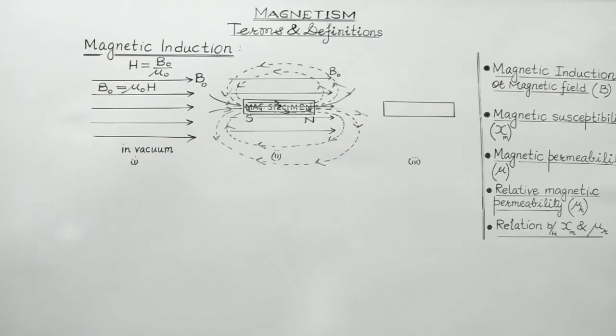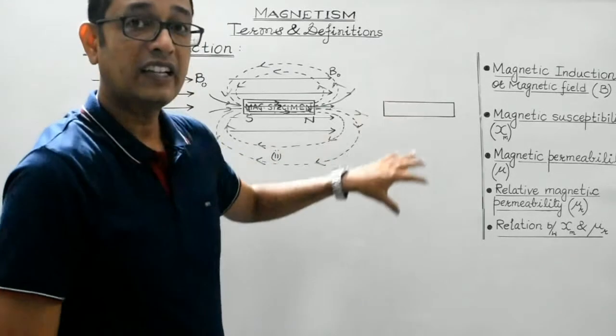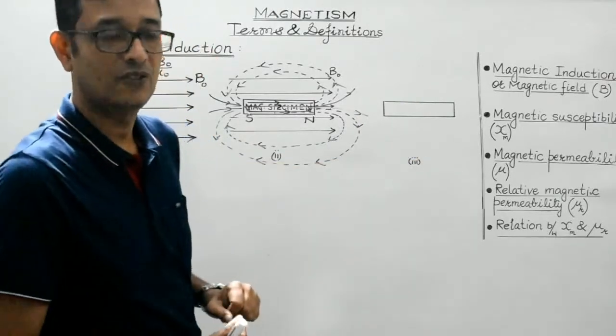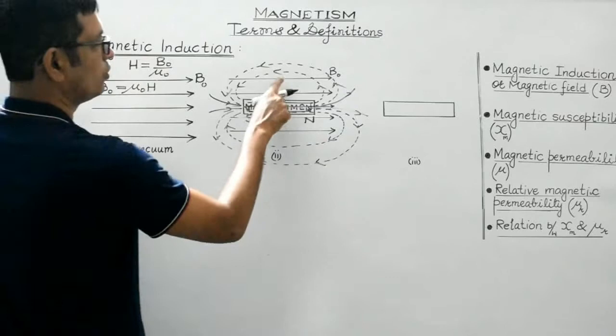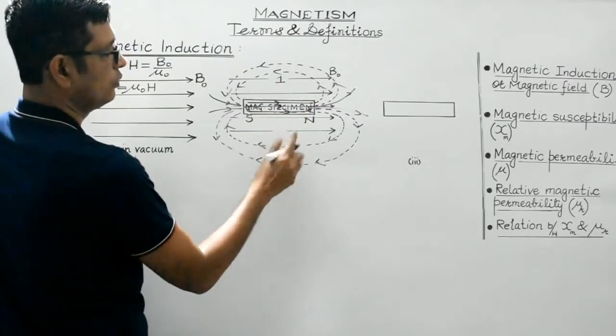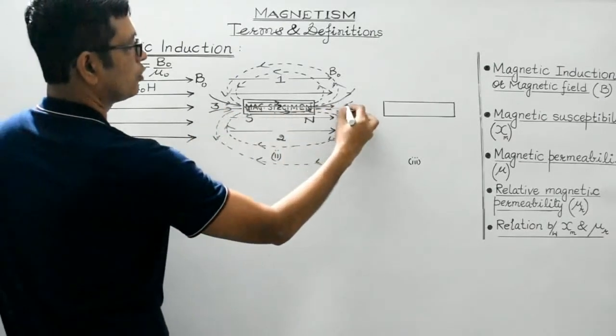Right? Now just imagine the field lines will get modified. So this will be the third diagram. Let us consider this to be region 1, this to be region 2, this to be region 3, and this to be region 4.